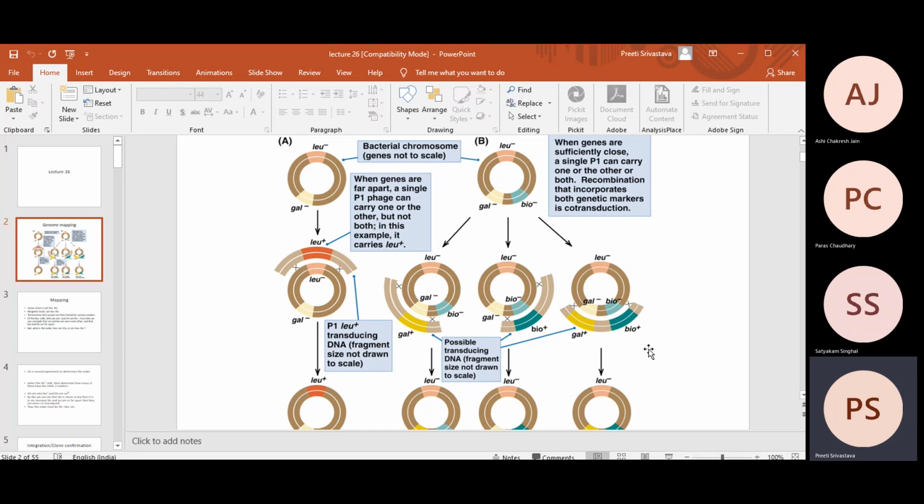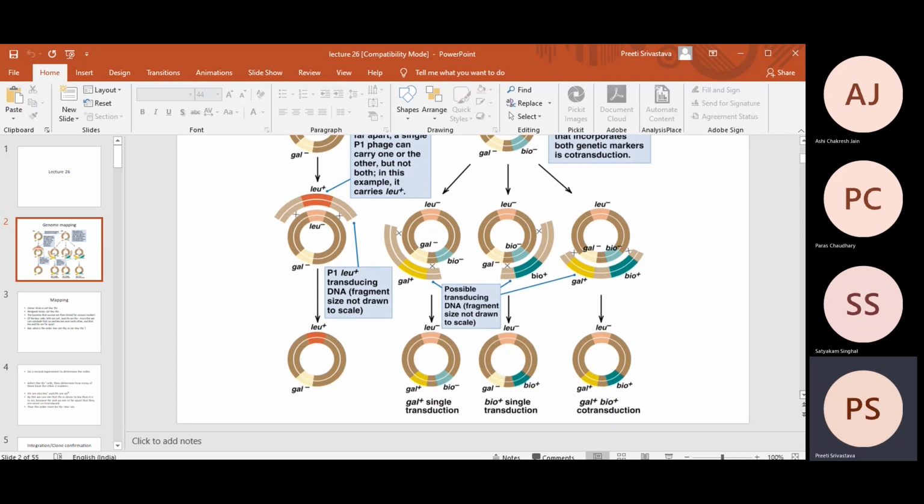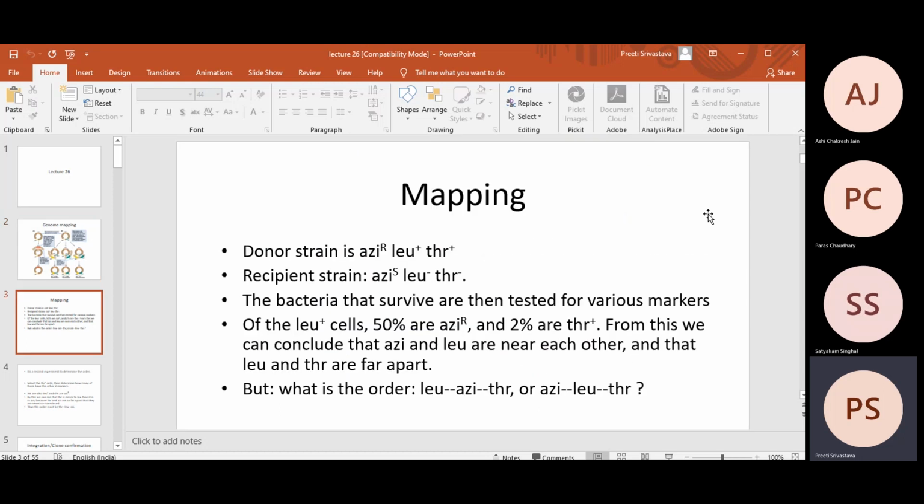These cells are called co-transductants. So this is gal plus and bio plus, this is only bio plus, and the other one was only gal plus.